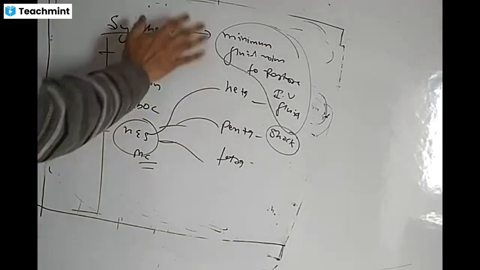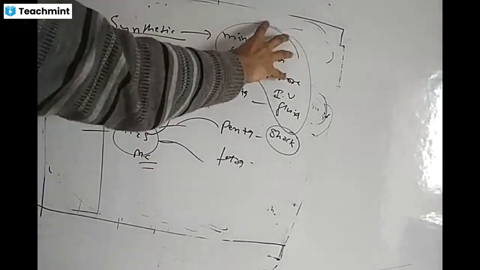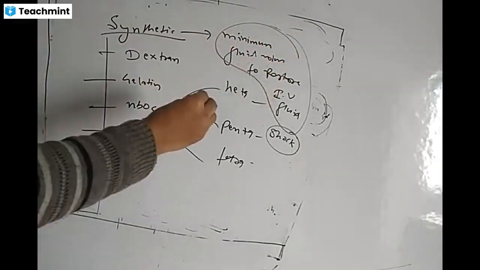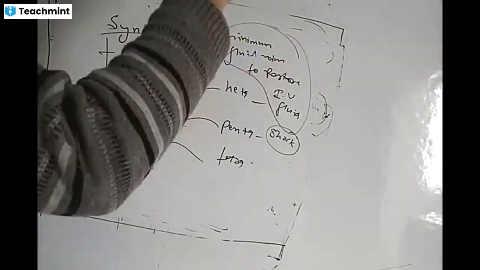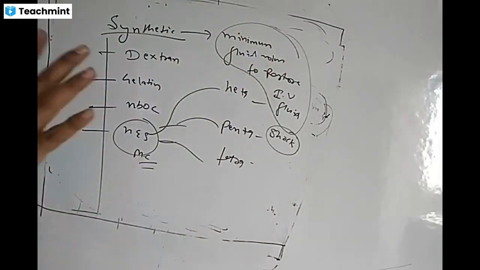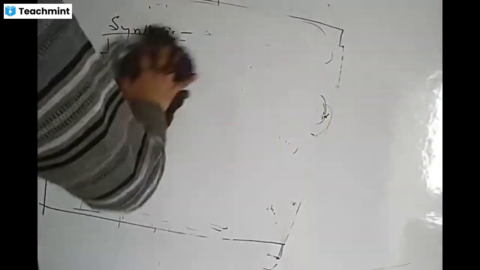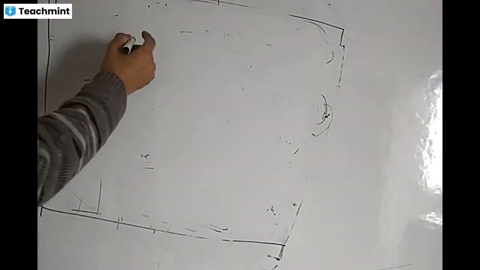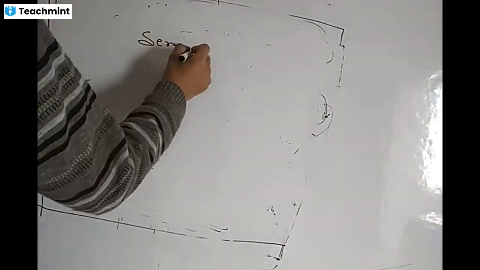If you use the crystalloid, then a large volume is needed, because in that case only 25% will remain, the other 75% moves to the interstitial. So if we give this molecule, less volume is needed and it will remain within the intravascular compartment. And one more condition where we use it is low serum albumin.